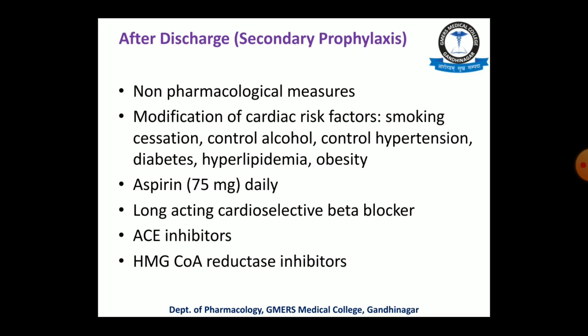So one must control or manage the hyperlipidemia with diet and non-pharmacological measures, and now it has been proven that HMG-CoA reductase inhibitors, either atorvastatin or any other statins, will definitely be helpful in preventing the future occurrence of the atheromatous plaque. So this is all about the secondary prophylaxis.